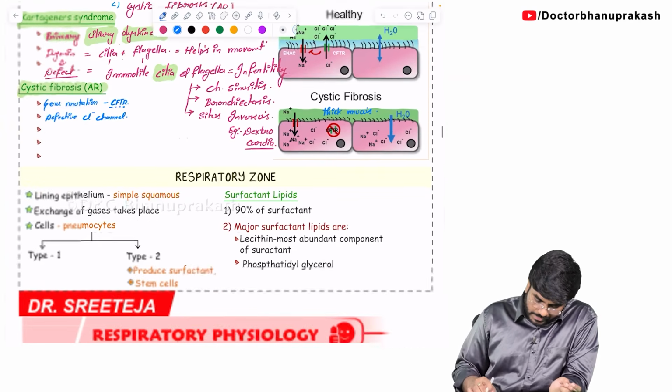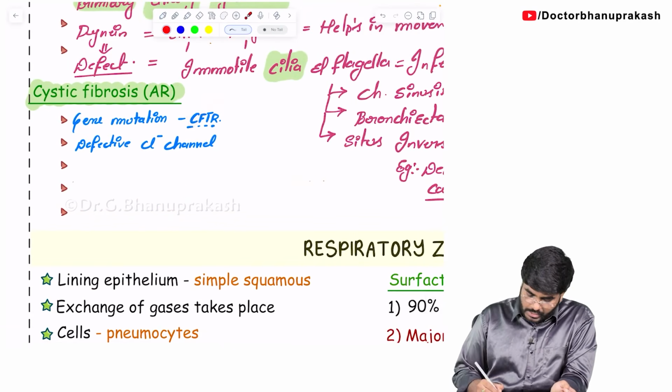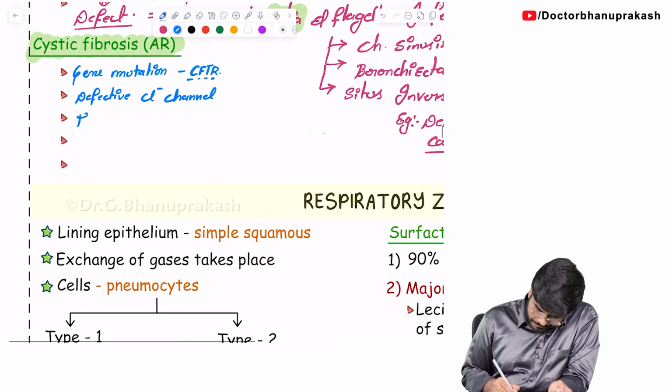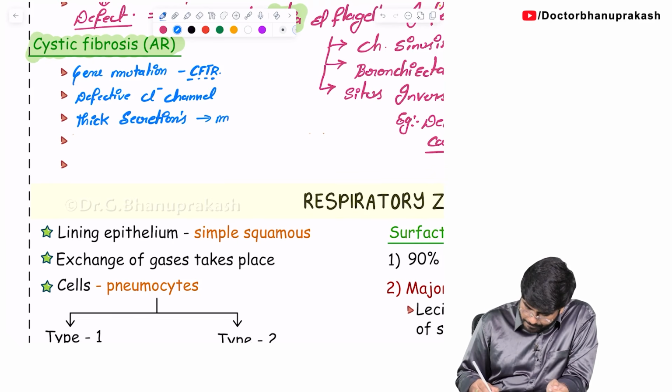Okay, what happened? In cystic fibrosis, the CFTR gene is gone, the chloride channel is gone. So there are going to be thick secretions. These thick secretions make the cilia immotile.